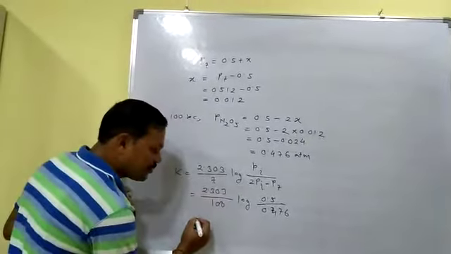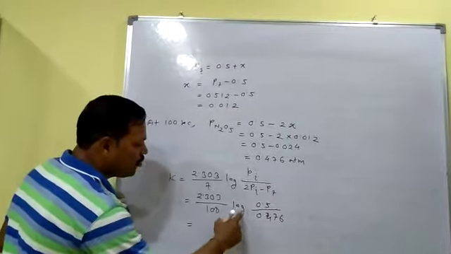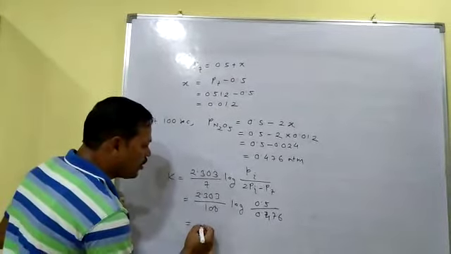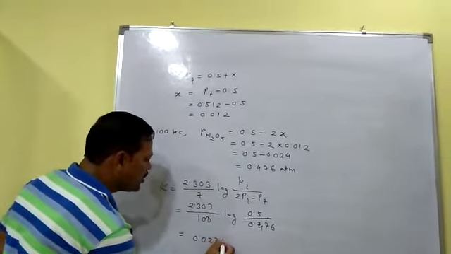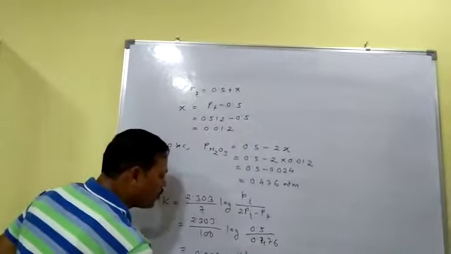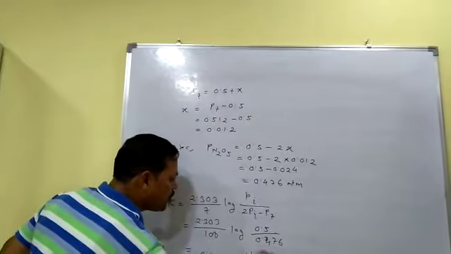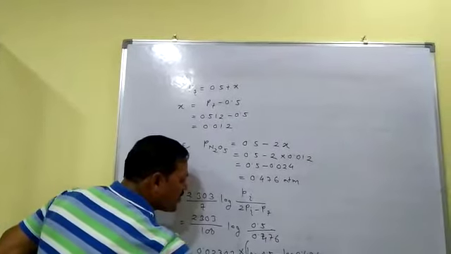When you calculate it, you find the log value. This becomes 0.02303 into log of 0.5 minus log of 0.476.